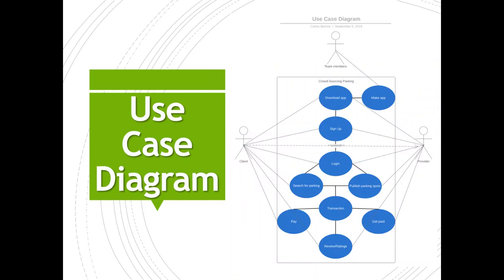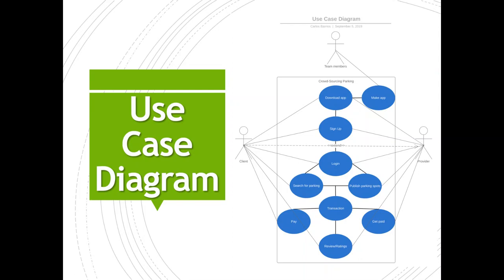So this is one use case diagram of the application. On the left side, we have the client. The client has different uses. The client can search for a parking, or he can log in or sign up. There's also the option of directly downloading the app from the stores. And it's also available searching for different spots.